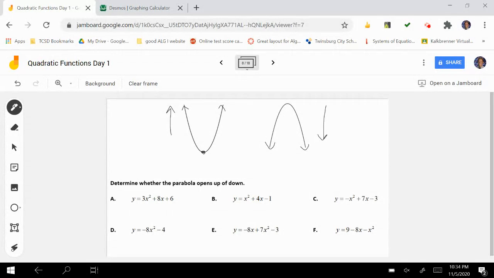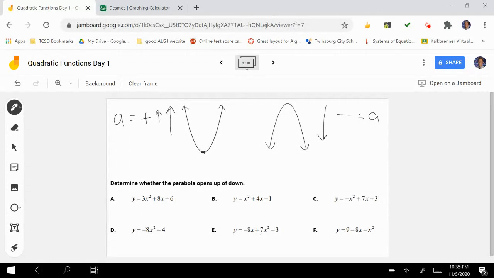One, you could either graph it using Desmos, or when we look at what's given here, what are given here in these 6 examples are the equations. So what we're looking for is when A is positive, it opens up. And when A is negative, it opens down.